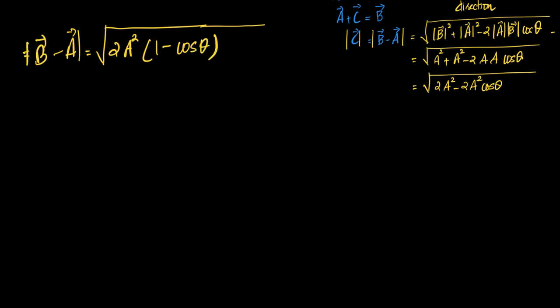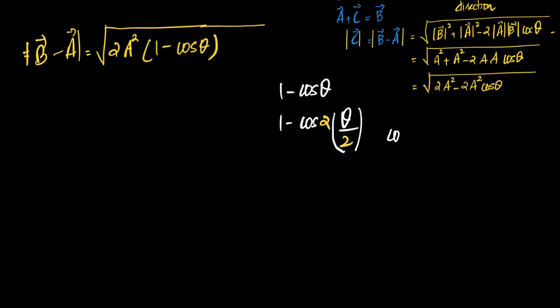Now let's have a look at this identity, 1 minus cos theta. Please don't try to learn this by heart, try instead to be able to derive it and apply the formula. So 1 minus cos theta, I can write as 1 minus cos 2 into theta by 2, because theta by 2 into 2 will be theta again.